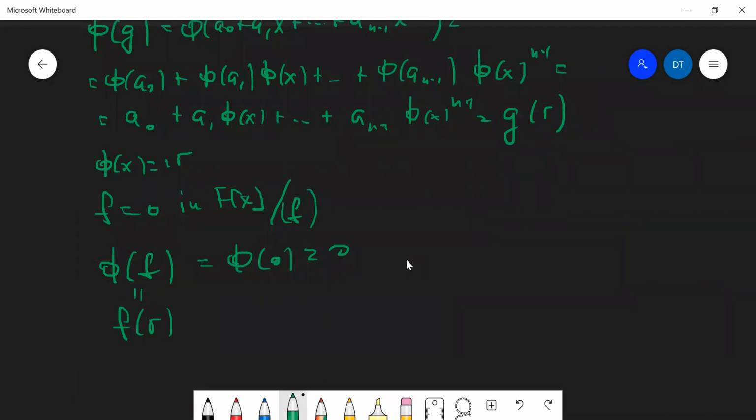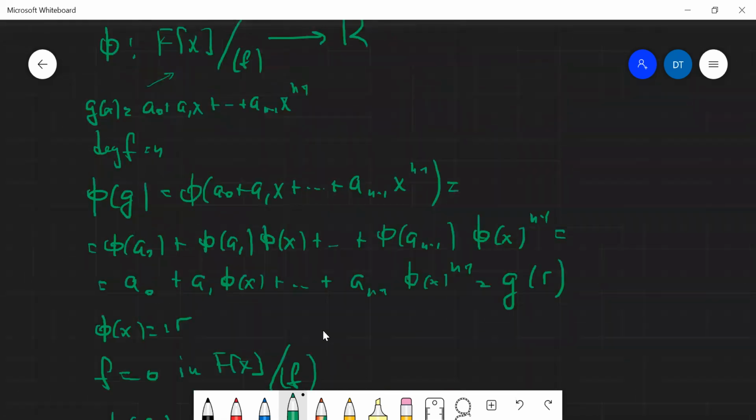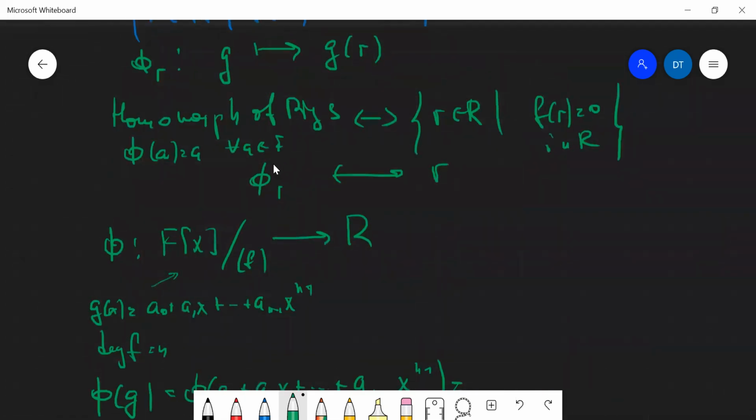Well, this simply means that r is a root of f in the ring R. So this means that if you are given a homomorphism, then your r is just phi of x. This is how you compute r using your homomorphism. You just apply phi to the element x. So this is just the image of the element x inside R. So it's precisely a root of the polynomial f.